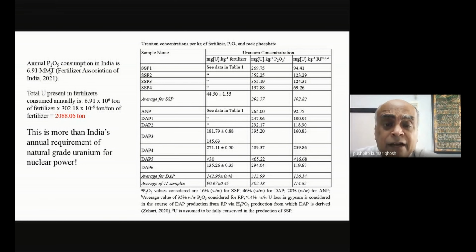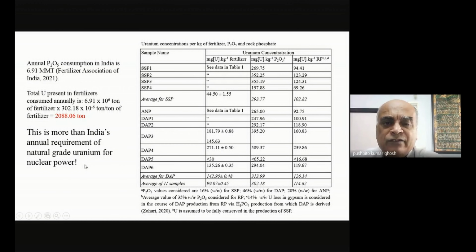But then it's also true that India does not have any reserve of rock phosphate anymore. So we are normally importing these fertilizers, or importing the intermediates and raw materials from which those fertilizers are made. So fine, if we do that, we can then extract the uranium before we actually release these fertilizers to the agricultural fields, and so we may have enough for our total nuclear power plants.